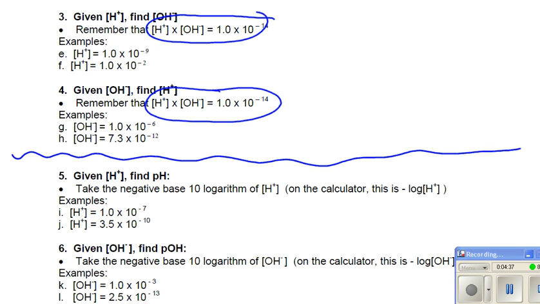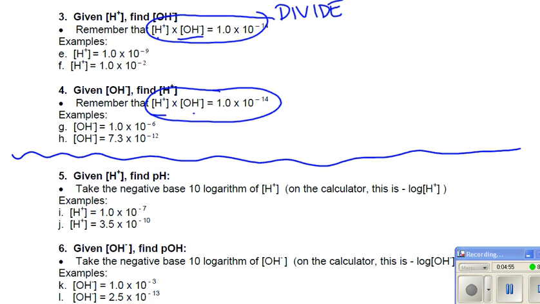So I'm going to use this to solve for either variable. If I'm given the hydrogen ion concentration, I can solve for hydroxide. If I'm given hydroxide, I can solve for hydrogen. And the way you solve for these is by dividing.